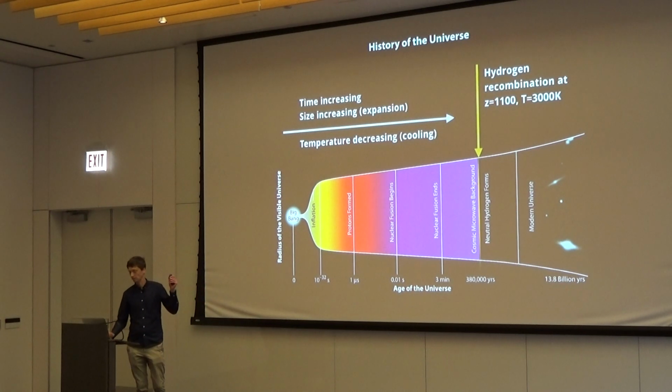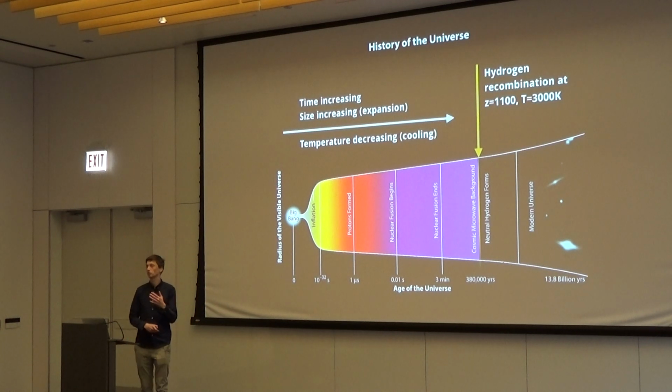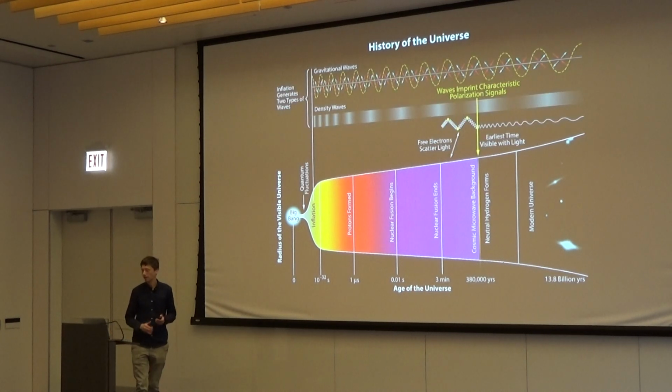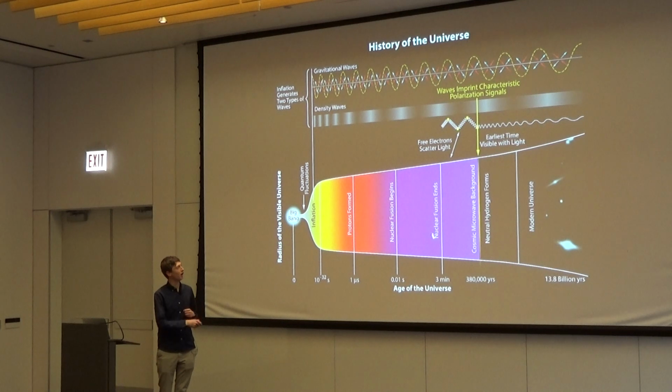So the universe is transparent, allowing us to look back to that time, but what we're really trying to understand with BICEP and Keck is what happened at the very earliest times, at the time of the Big Bang. To do that, we look at signals that are embedded in this microwave background. If something like inflation occurred in the early universe, it would produce both density waves and gravitational waves that propagate, persist through time, and leave an imprint on the microwave background.